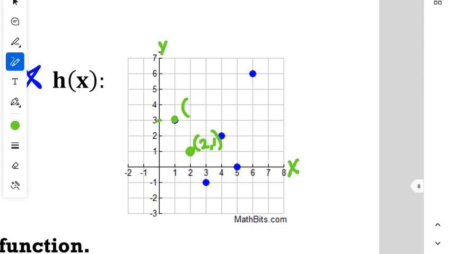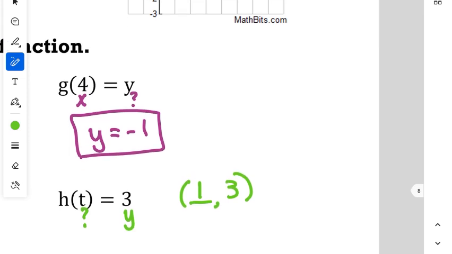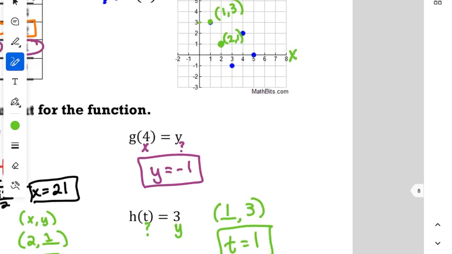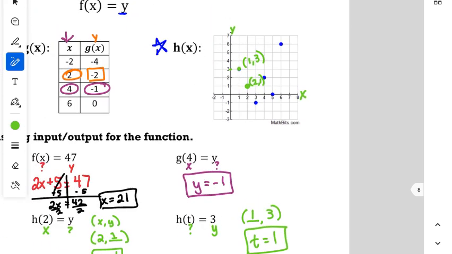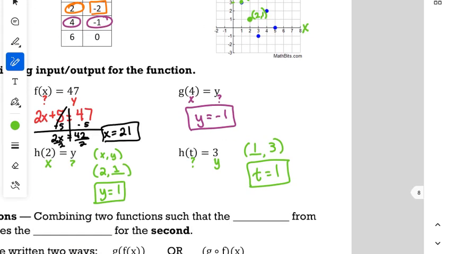Here's our point. What's the x whenever y is 3? 1, so it's 1, 3. So this was 1. So now, instead of saying x equals 1, I need to say t equals 1. Okay, so it's a lot of looking at what you have, what you need, and kind of figuring out which graph or function or table you're looking at.